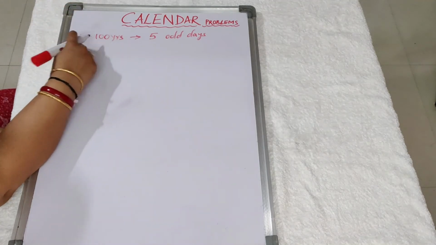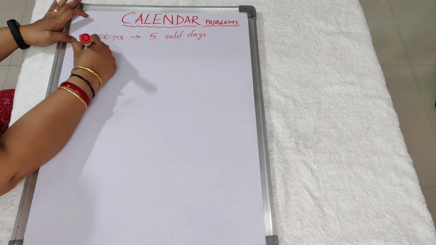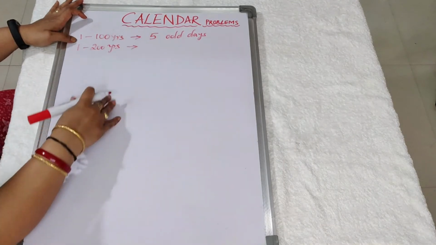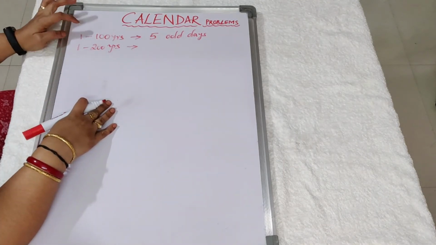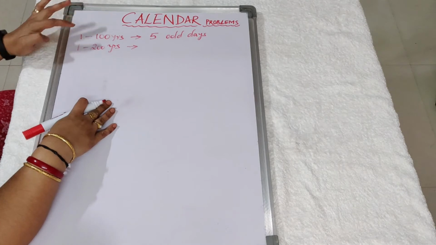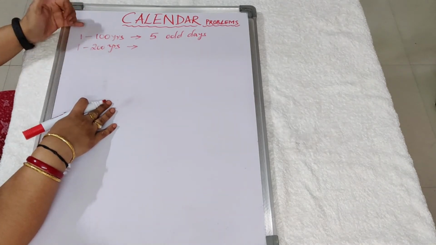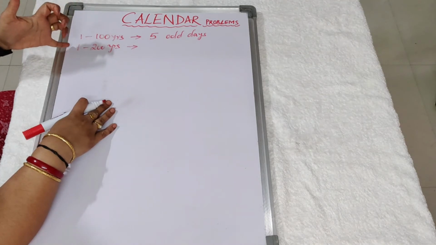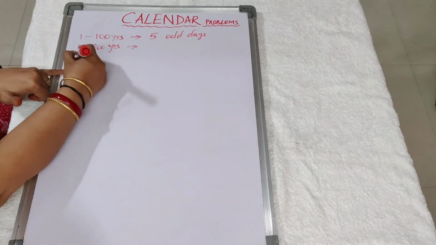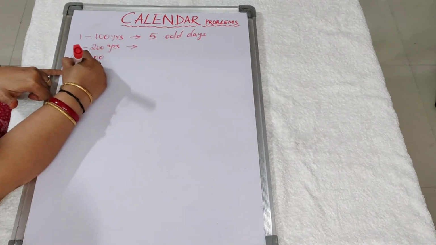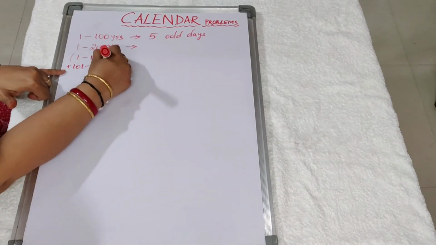And now I am taking 1 to 200 years. Remember, last time I had taken 1 to 100, 101 to 200. But here we are going from the beginning. So it is 1 to 100 plus 101 to 200 years.